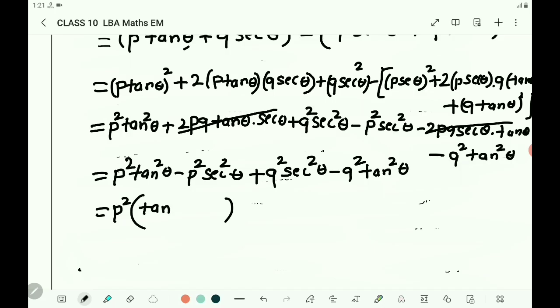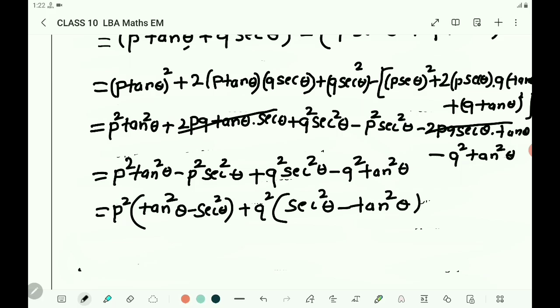You will get tan square theta minus secant square theta. Then plus, here q square is common, plus q square into secant square theta minus tan square theta.